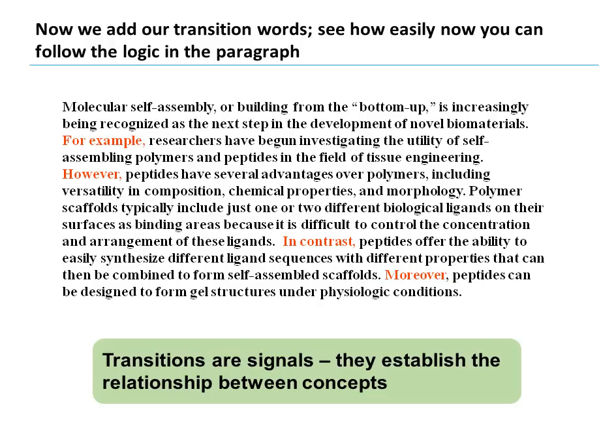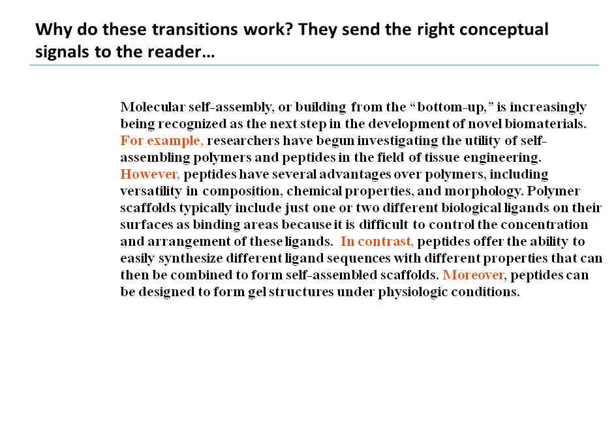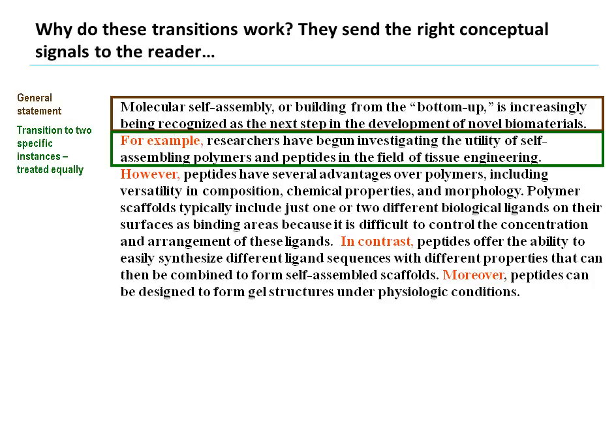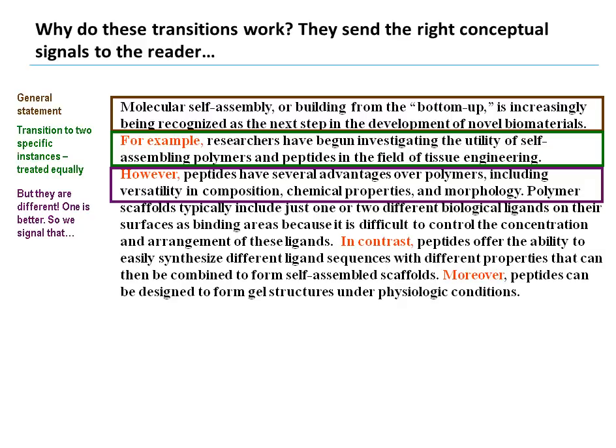These transitions really help signal to the reader what the relationship is between the concepts in the sentences. Why do they work? Again, the right signals. We have a general statement. Molecular self-assembly is increasingly being recognized as the next step. Transition to two specific instances. They're treated equally, but they are different.